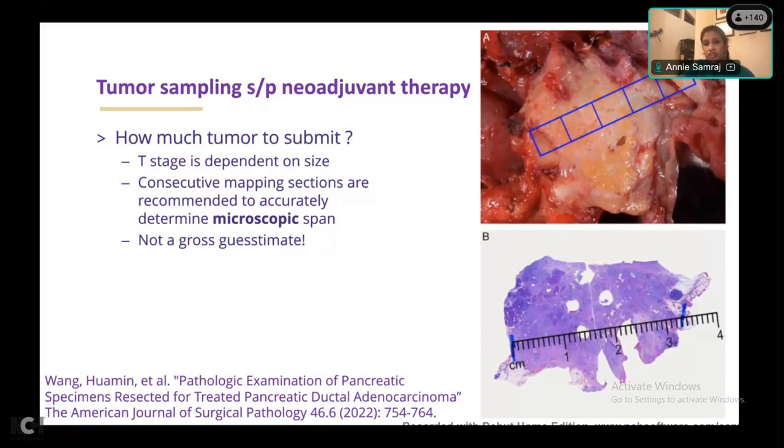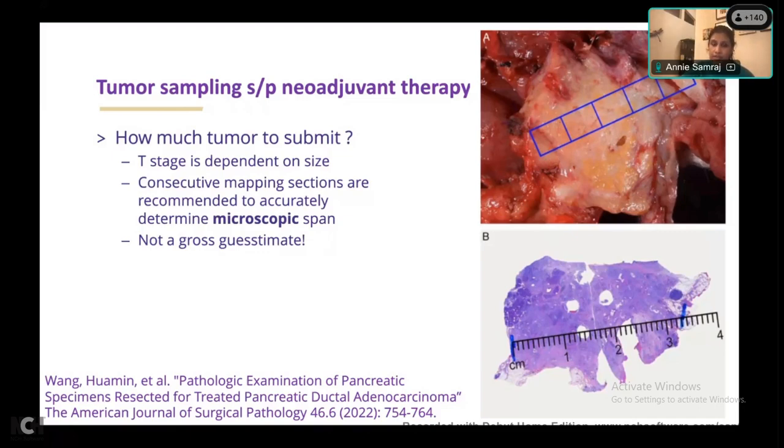This is because the T staging is dependent on size. And often these days we get pancreatic specimens status post neoadjuvant therapy, and depending on the amount of residual carcinoma that we have, the T staging can vary quite a bit. Because of the importance of size for staging, it is important to get a microscopic scan.